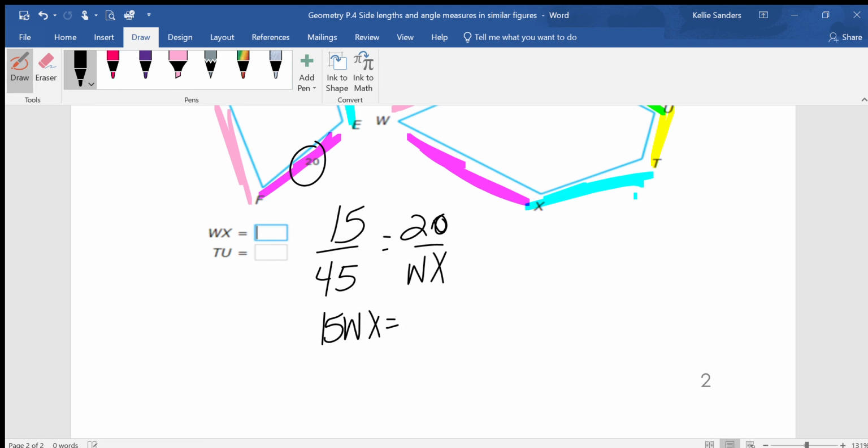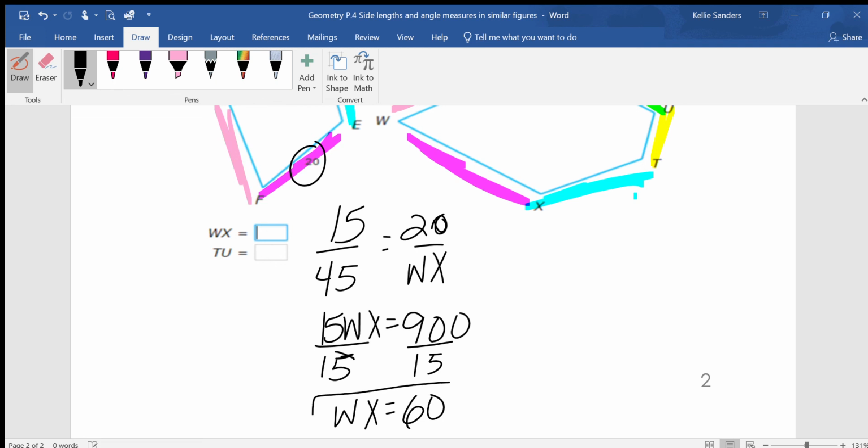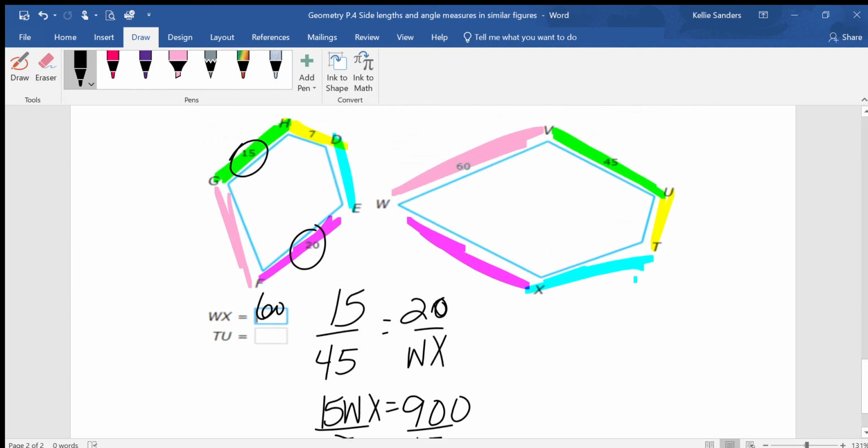WX equals 900. Divide by 15, divide by 15. So WX is 60.